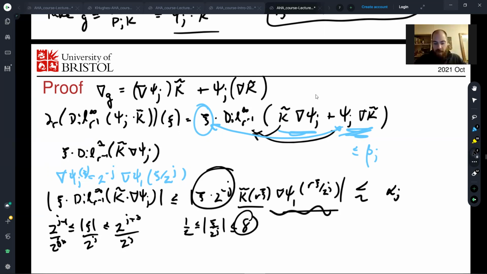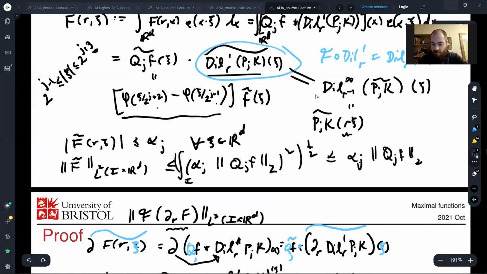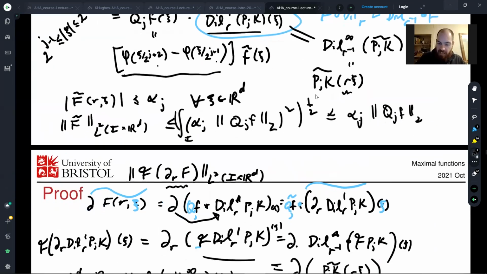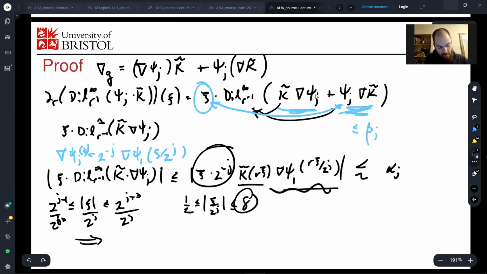So you do that same L2 adaptation as right here, and that just tells you that this thing is at most, well, there's the beta_j coming from this term, and there's alpha_j coming from this term.